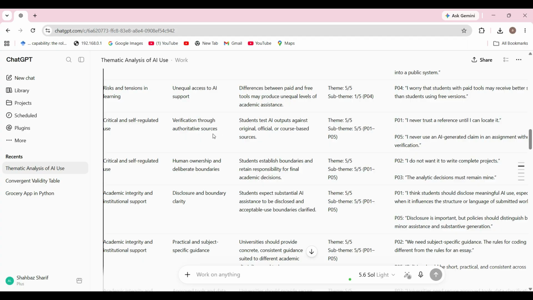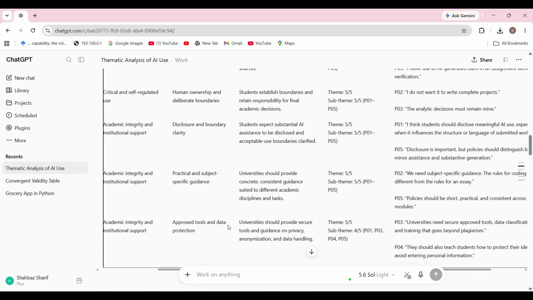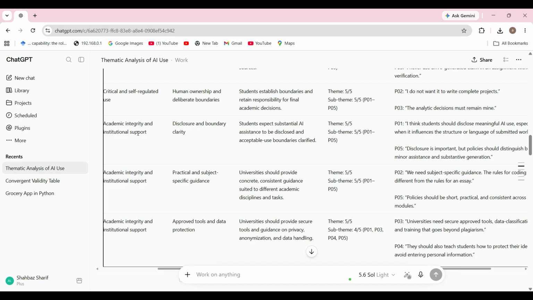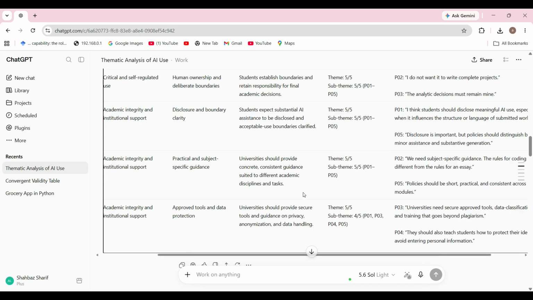The fourth main theme is critical and self-regulated use, with its 2 related sub-themes, description, frequency, and quotations. This is our last, fifth main theme and its related 3 sub-themes, description, frequency, and quotations.